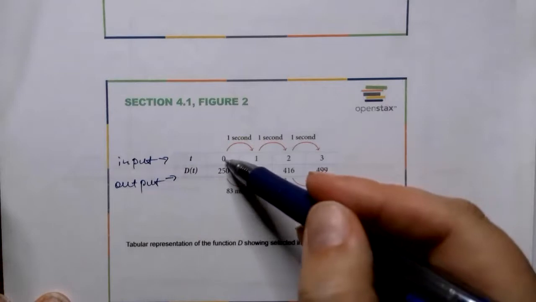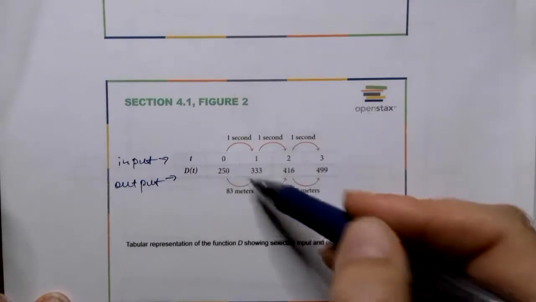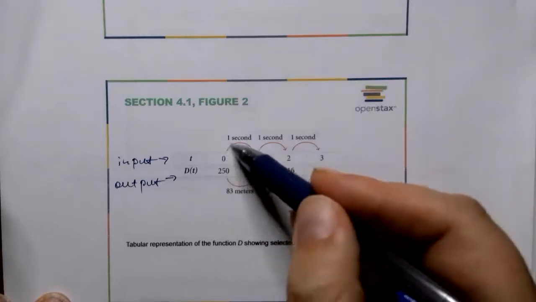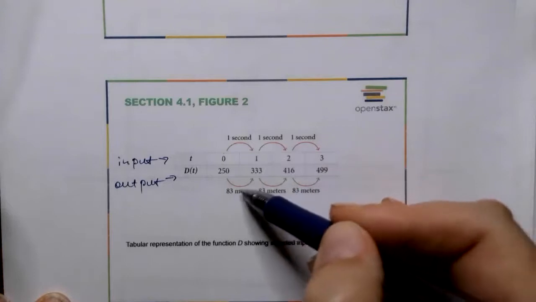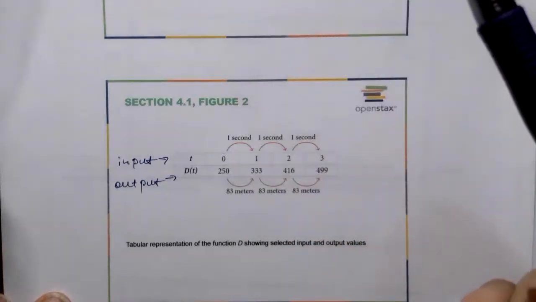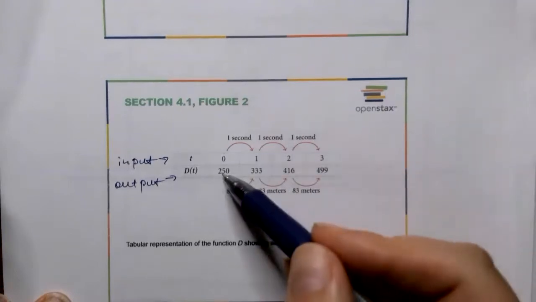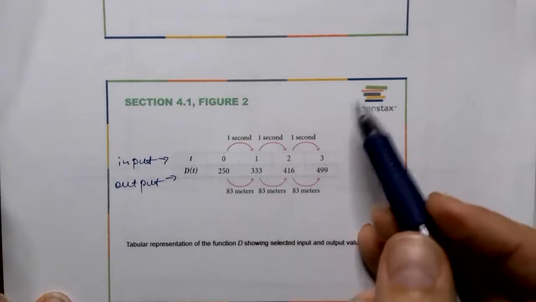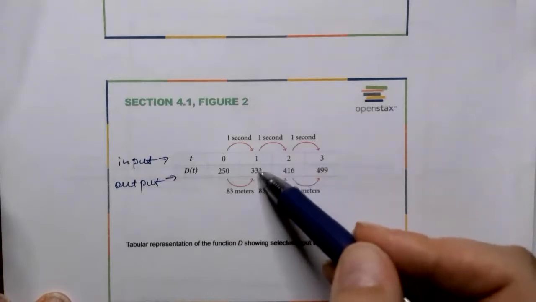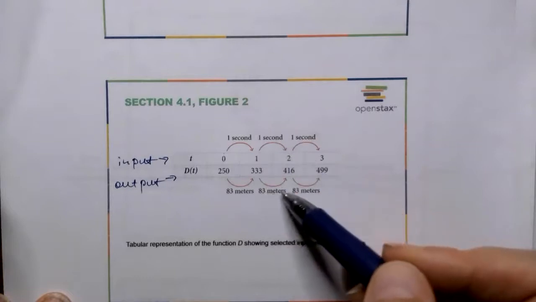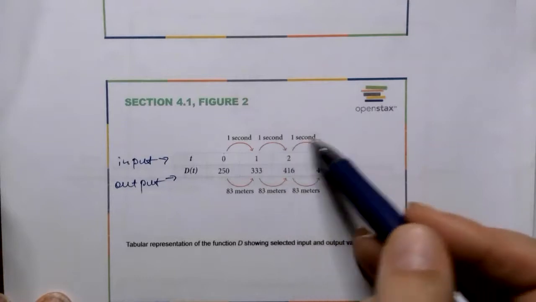So when no time has elapsed, the train is 250 meters from the station, and then 1 second later, we know that it travels 83 meters per second. So 1 second later, it's 250 plus 83, which gives us 333. And then we do that the next second, one more second passes, and it's 83 meters further away, and so forth.